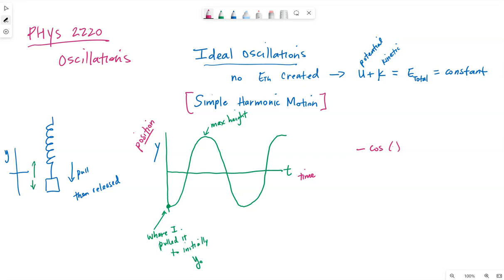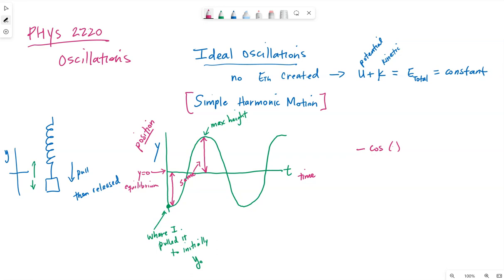Now, a couple of things to recognize and learn. That mass, as it oscillated up and down, this maximum distance downwards was the same as how high it went upwards. The y equals 0 line represents the equilibrium line, where the mass on the spring was at rest.